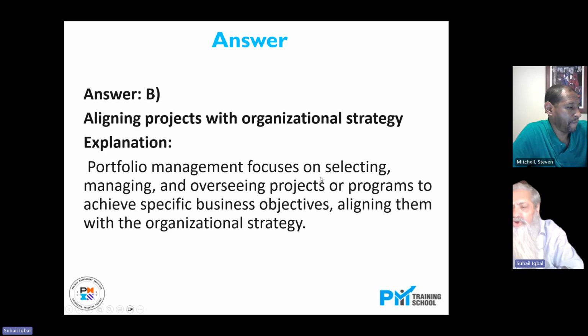Portfolio management focuses on selecting, managing, and overseeing projects or programs to achieve specific business objectives, aligning them with the organizational strategy. So, organizational strategy is the key. Alignment to organizational strategy is a key role. So, you must always remember that.